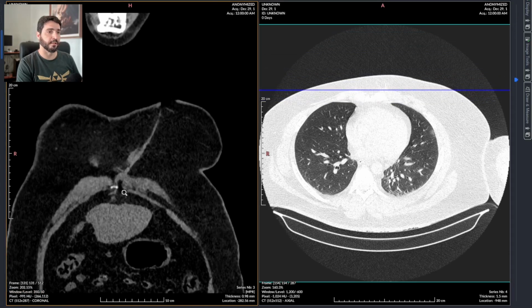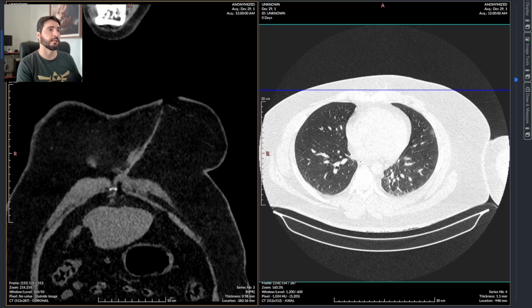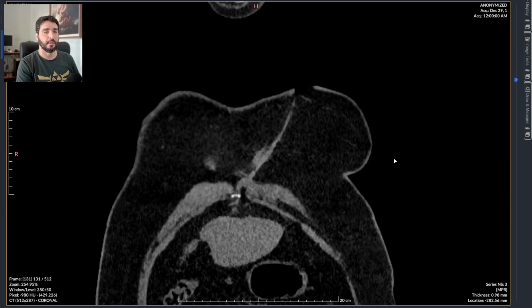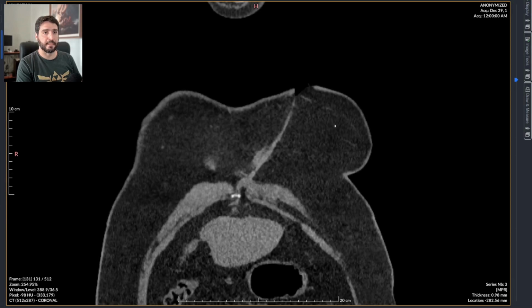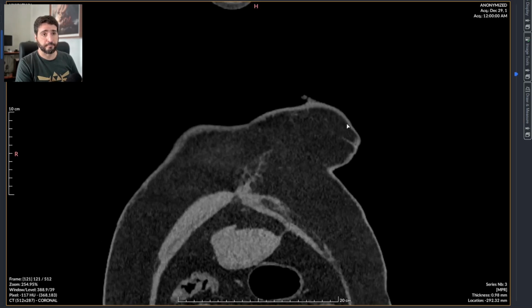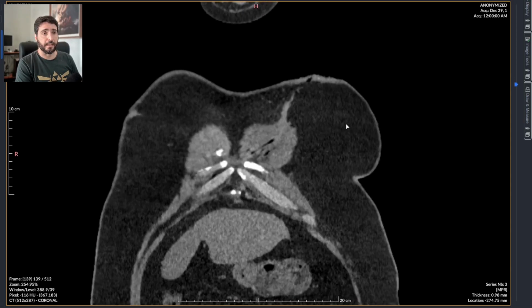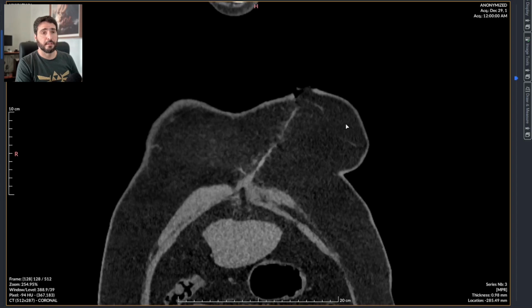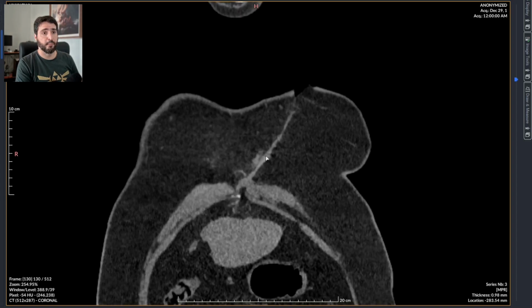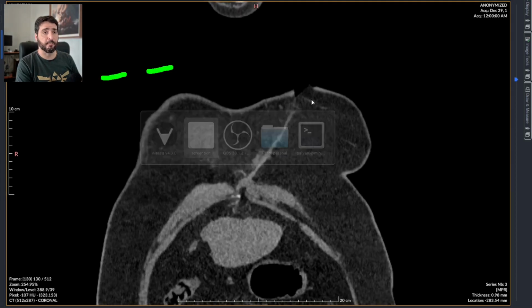This is what I'm talking about. Just let me put this on a single view. This is exactly what I was talking about. Oh no, I'm used to this view, so I guess most of you aren't, because you are not used to reading scans every single day. So this is the stab wound, one of the two stab wounds.